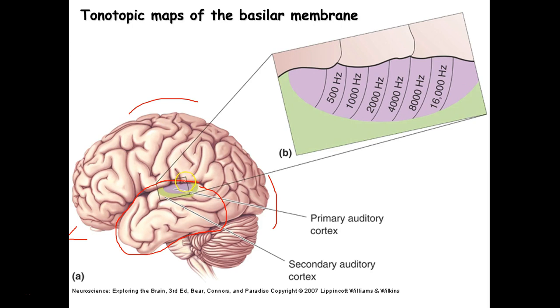If we blow up the primary auditory cortex, you will see that different areas are responsible for processing low to high-pitched sounds in the order of low to high. So there's a physical representation of the basilar membrane in our primary auditory cortex, which is pretty incredible.